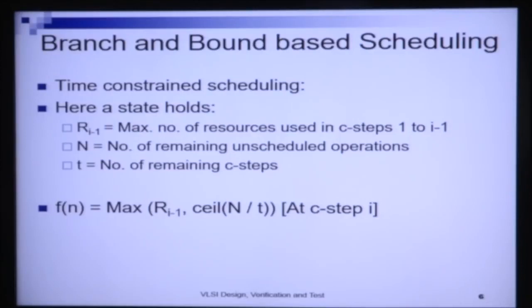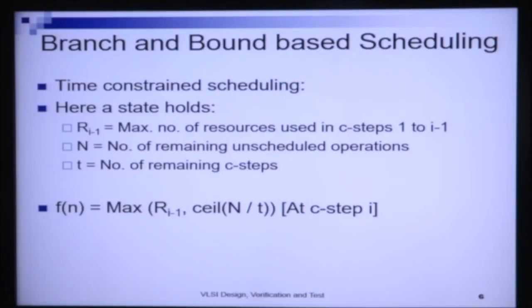So I have currently already used a certain number of time steps, and I have a certain number of time steps within which to schedule my remaining operations. And my basic objective is to minimize the consumption of resources such that all my operations will actually be scheduled in those t remaining number of time steps starting from this state.